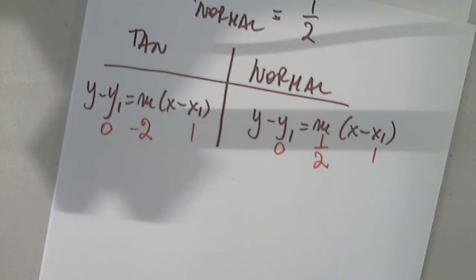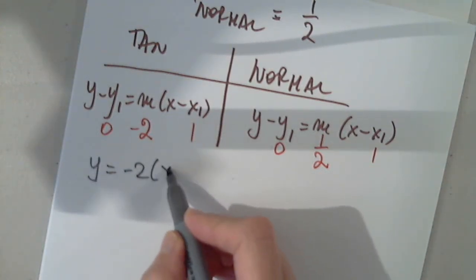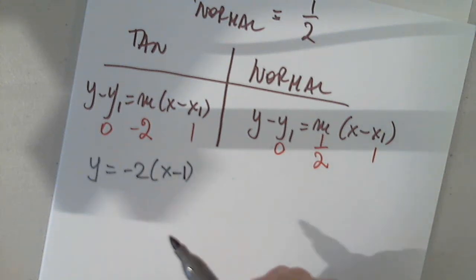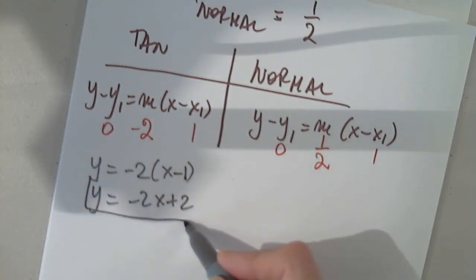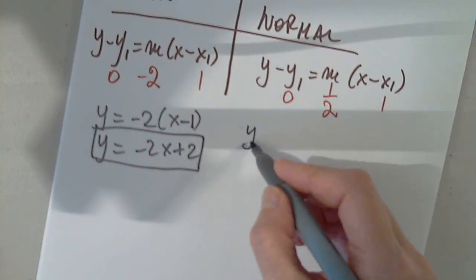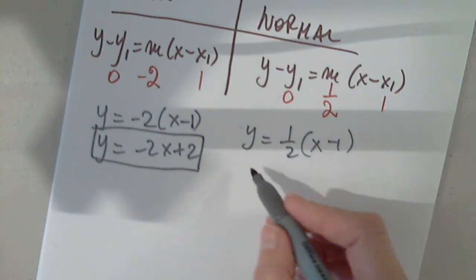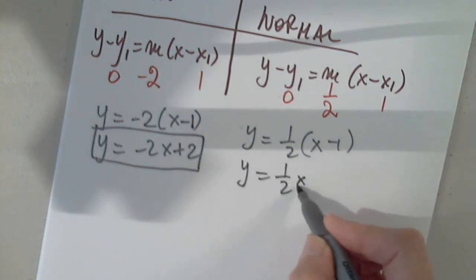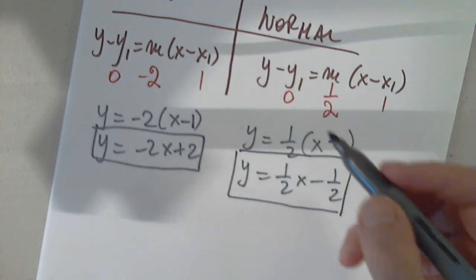And after I simplify, I get that y equals -2(x minus 1), or y equals -2x plus 2, as being the equation of the tangent line. And then y equals 1/2(x minus 1), or y equals 1/2 x minus 1/2, is the equation of the normal line.